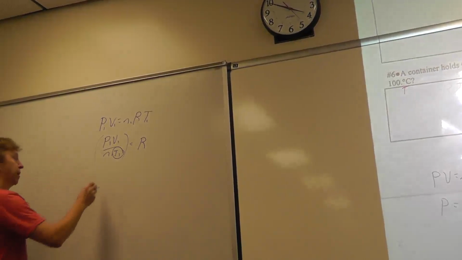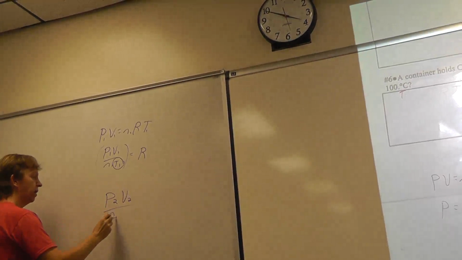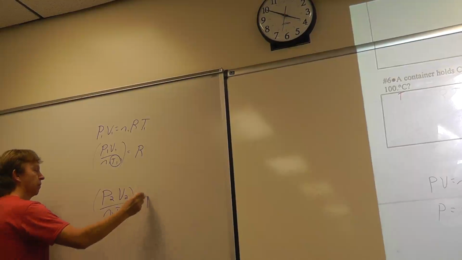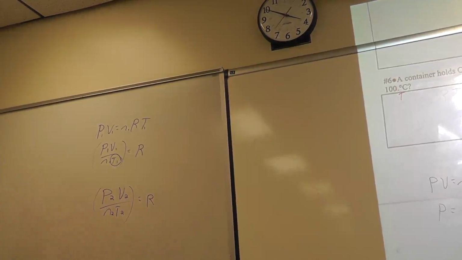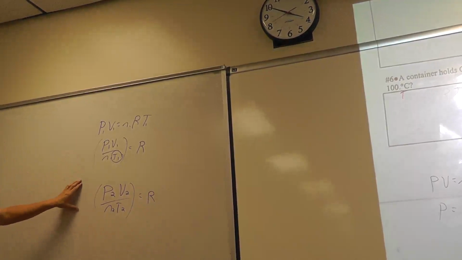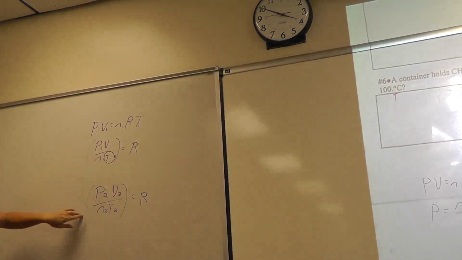And so that means by the time we alter any of these variables to a new set of conditions, that new set of conditions still has to ratio out to R, correct? So your combined gas law is simply saying that if this equals this and this equals this, then this equals this.